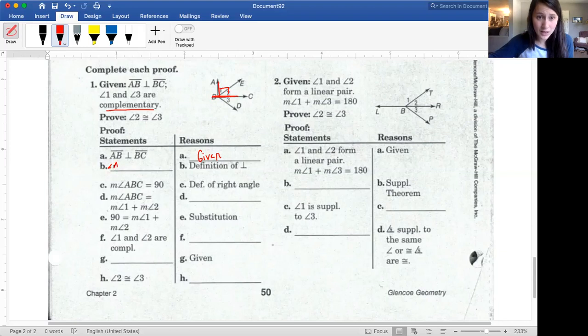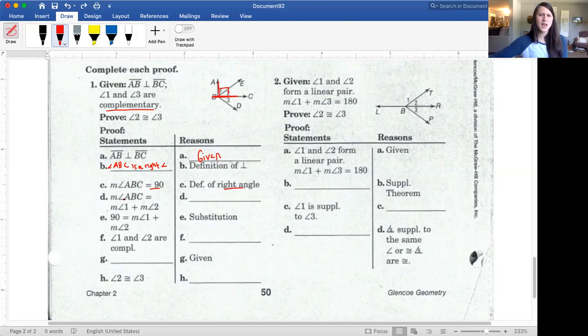So I would say angle ABC is a right angle. Then step C here says the measure of ABC equals 90 degrees, and the reason is the definition of right angle. So we've actually given it a measurement because we know that right angles equal 90 degrees.